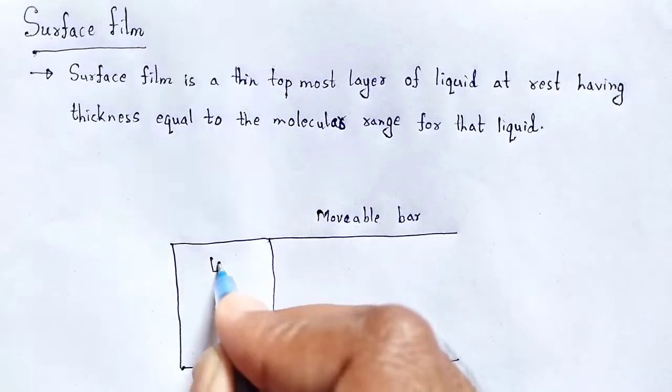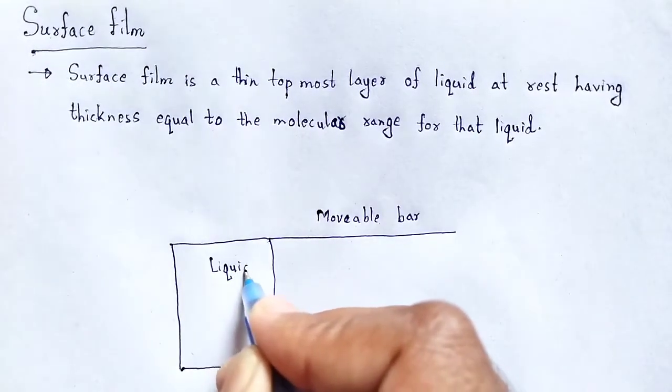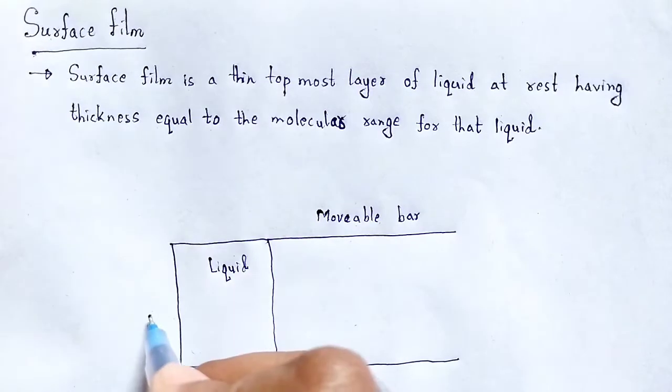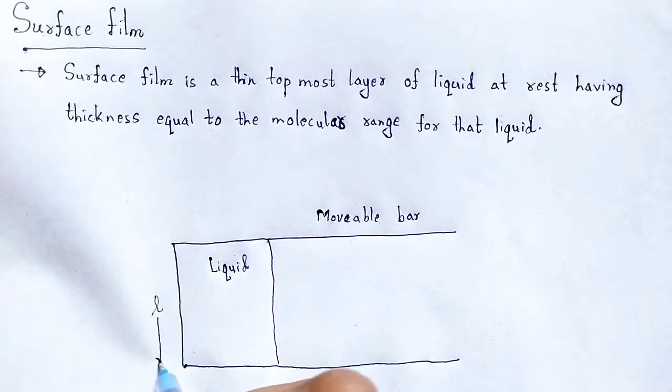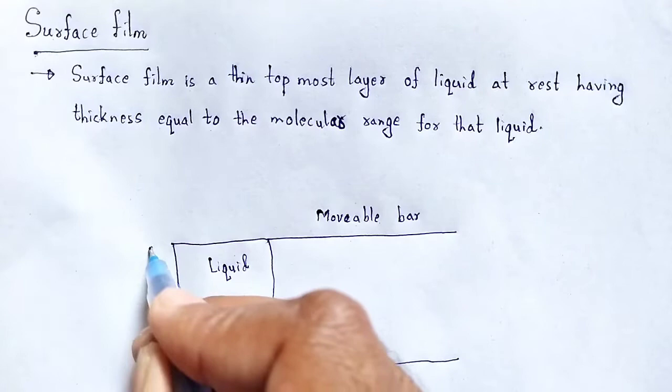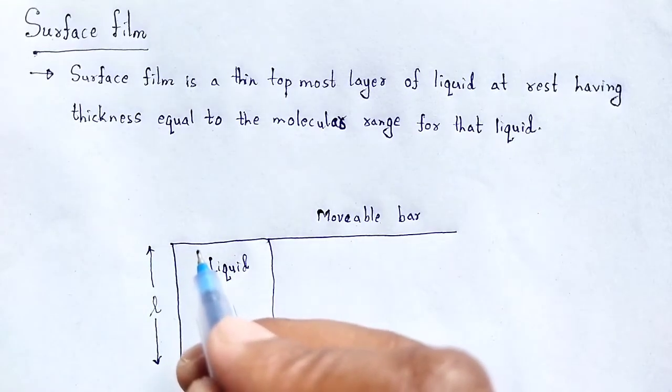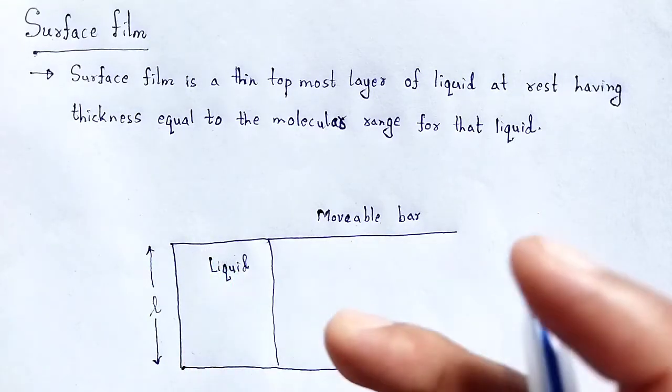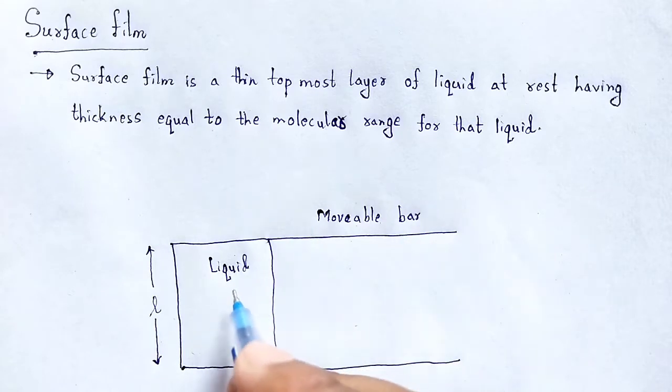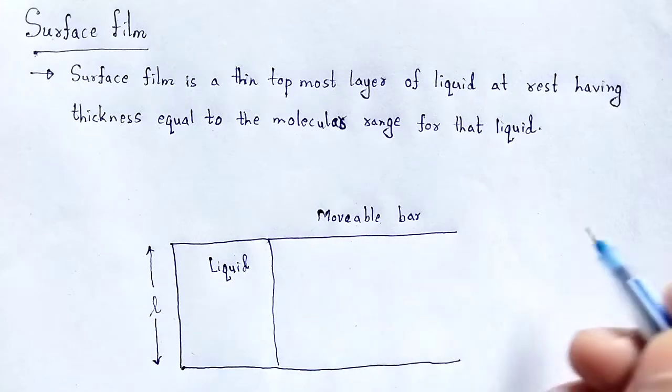Here is the liquid, that is the length, and the surface tension of the liquid.